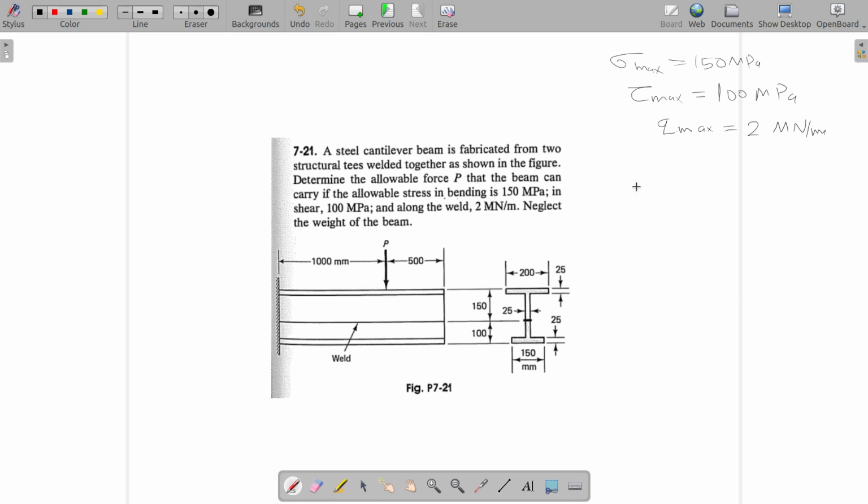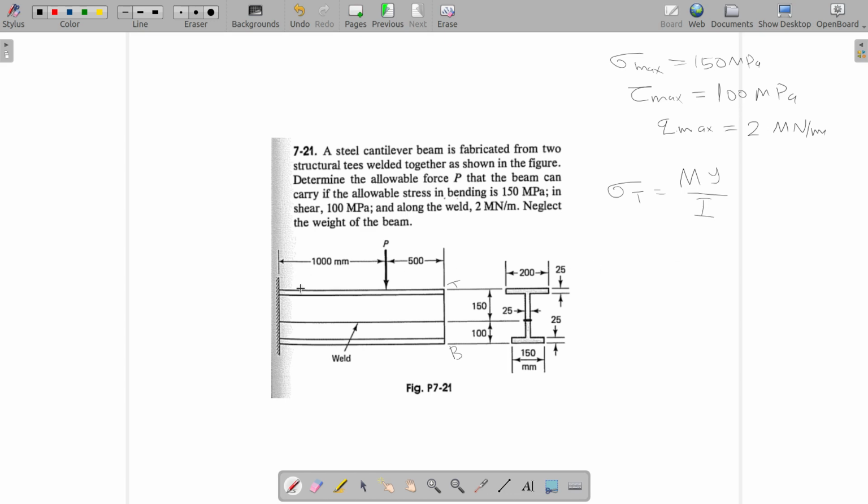So let's call this point, this is the top point, this is the bottom point. Sigma at the top will be equal to My by I, where M is the maximum possible bending moment.